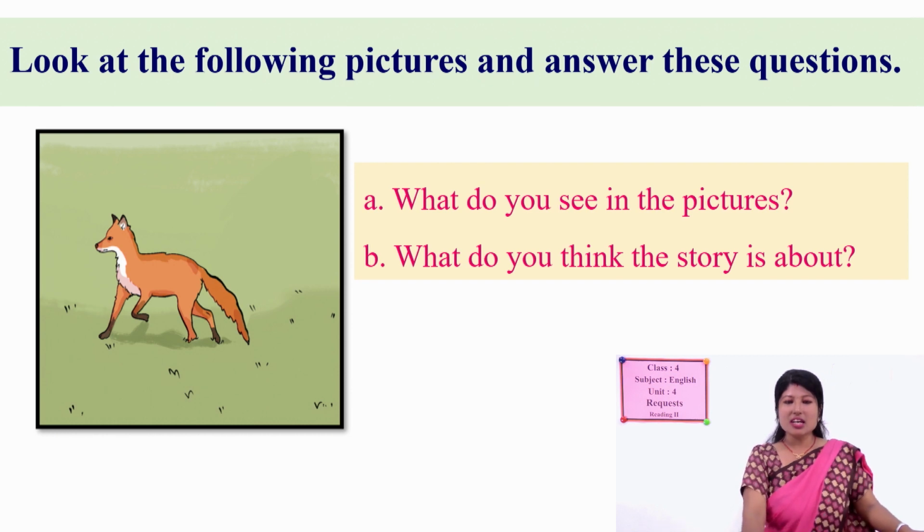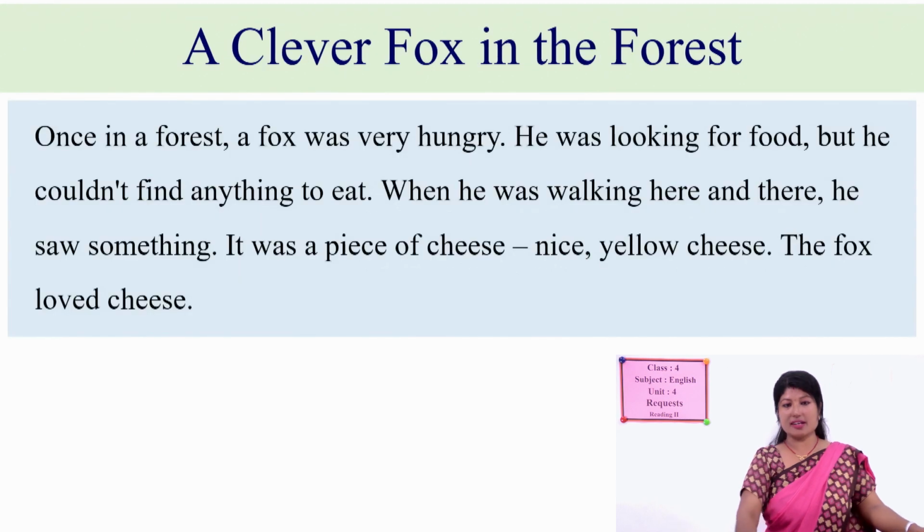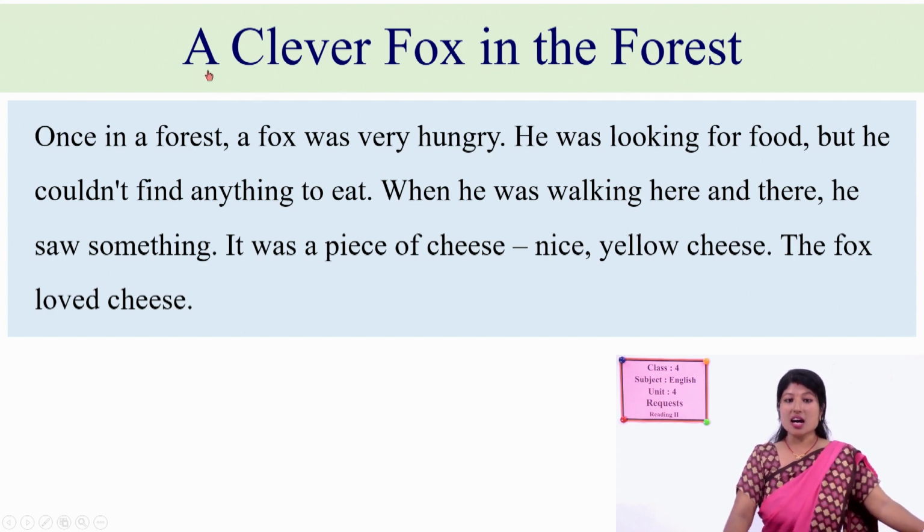Okay, here it goes, the story. Let's start with the first paragraph. A Clever Fox in the Forest. What is the title? A Clever Fox in the Forest. Usually foxes are known for being clever.